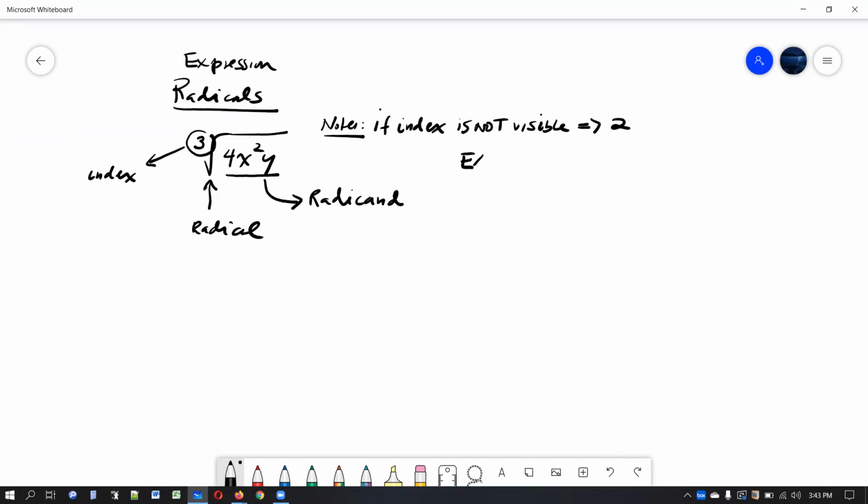For example, square root of 16. You don't see the index here, which means the default is 2.